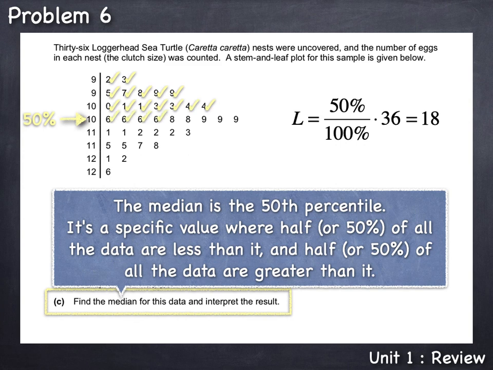So these 18 nests should have less than the number of eggs in the median, and the remaining 18 nests that are not checked here should be greater than the median number of eggs. That number needs to fall right at the center divider, the middle of the 18th and the 19th nest, which is right between 106 eggs and 108 eggs.